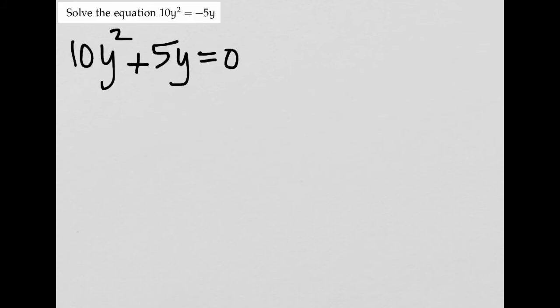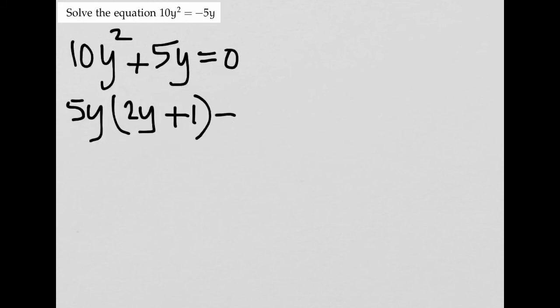There's a 5y in common between those two terms. We factor that out. If we pull out a 5y from 10y squared, what remains is 2y. Notice 5y times 2y is 10y squared, plus 1 equals 0.